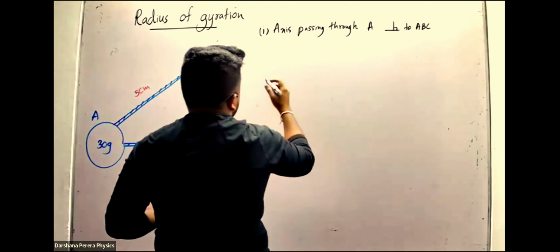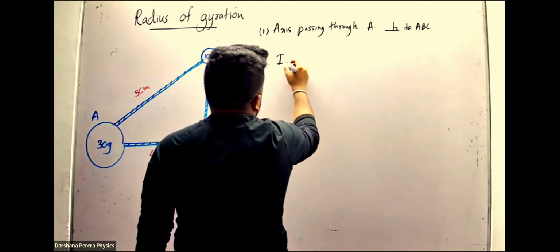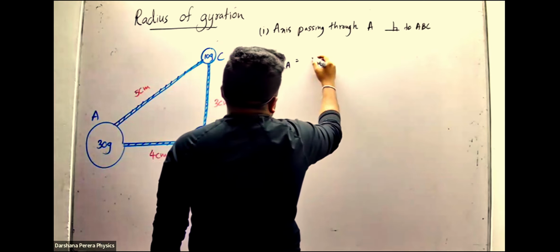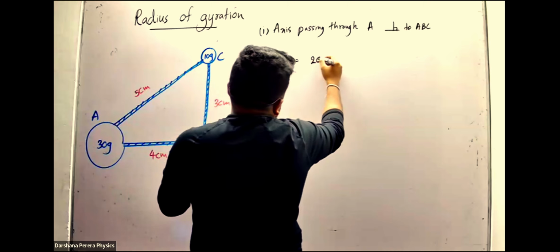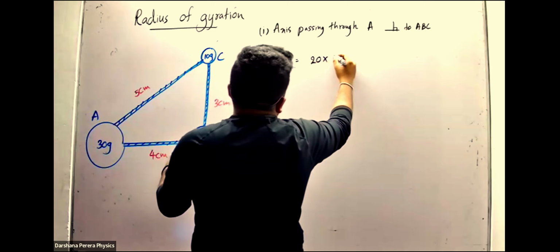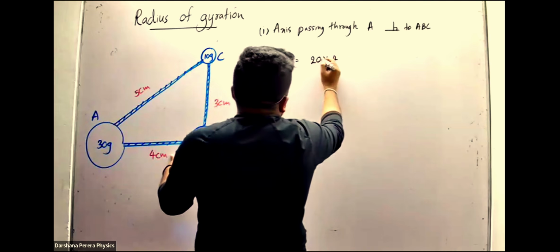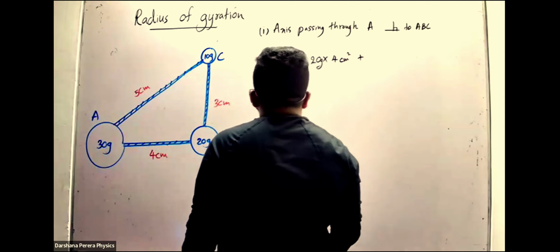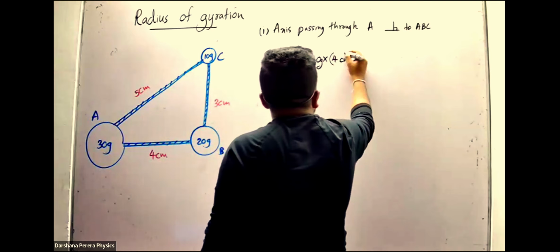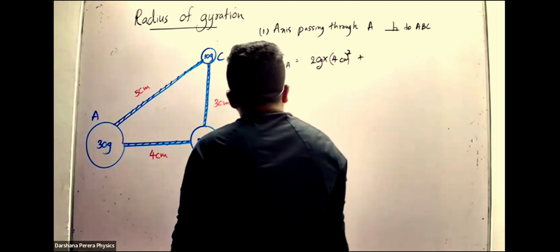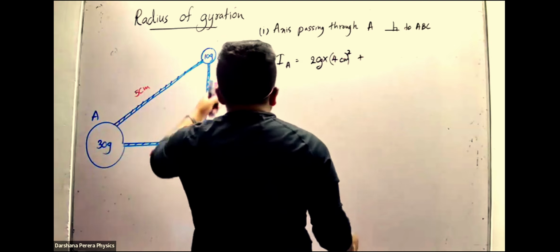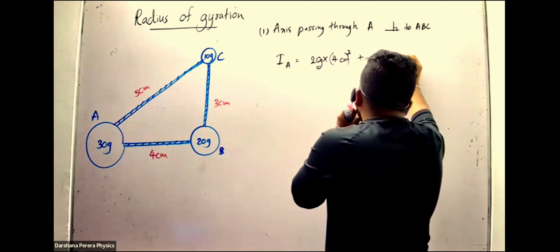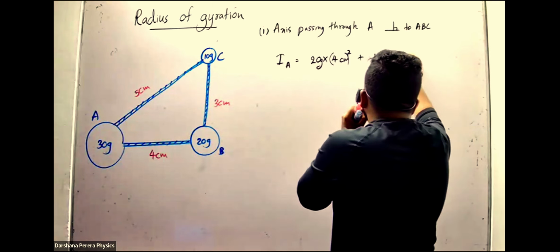Therefore, the I value, IA, equals M R square. That means 20 gram into 4 centimeter square, plus 10 gram at distance 5 centimeter, 5 centimeter square.